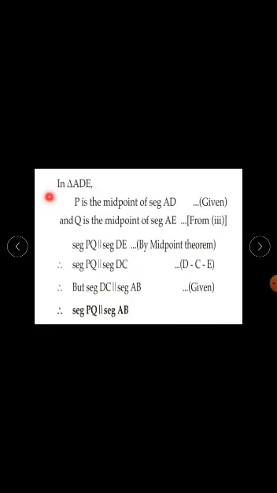Now see, in triangle ADE, P is the midpoint of segment AD, it is given. Q is the midpoint of segment AE, it is from equation 3. Therefore, segment PQ is parallel to segment DE by midpoint theorem. The segment joining the midpoints of two sides of a triangle is parallel to the third side. But for DE we can write DC because D-C-E.